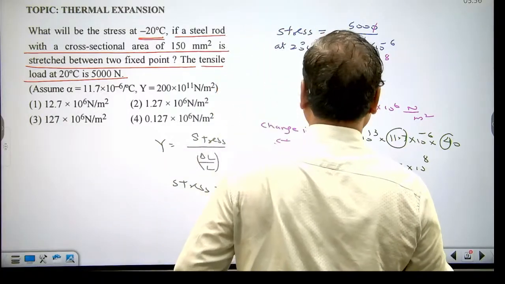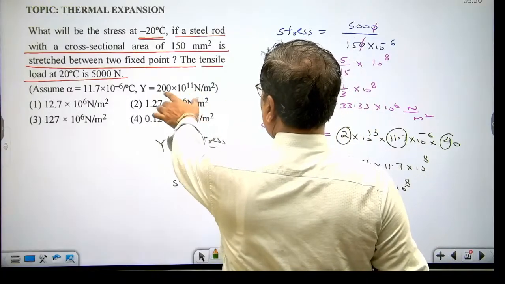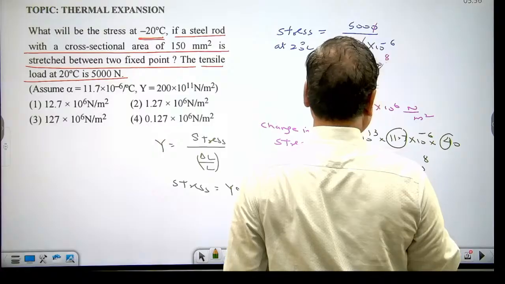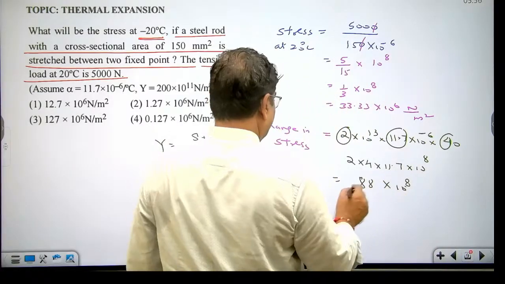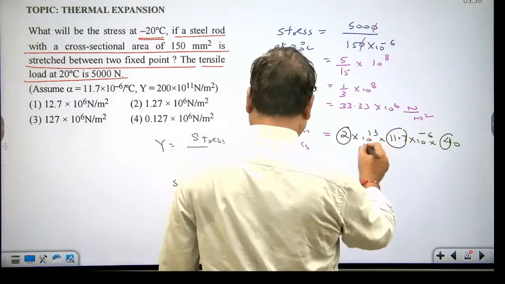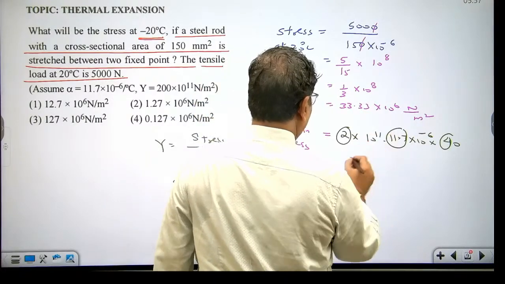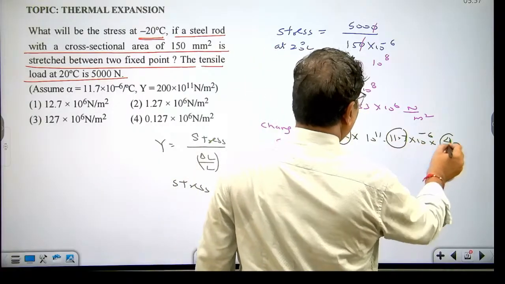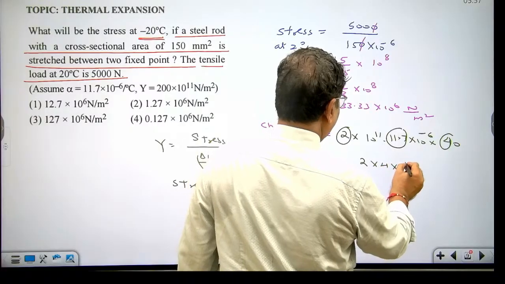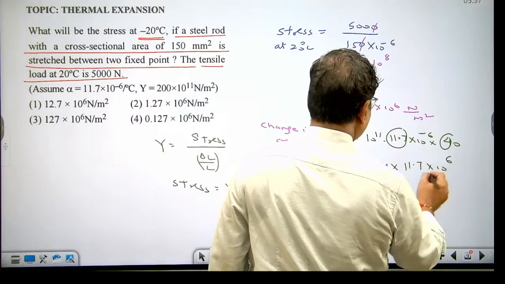We have to check this again. This Young modulus value is wrong. This is not 200 into 10 power 11, this is 2 into 10 power 11. If it is 10 power 11, then 2 into 4 into 11.7 into 10 power 11, 12, 10 power 6.